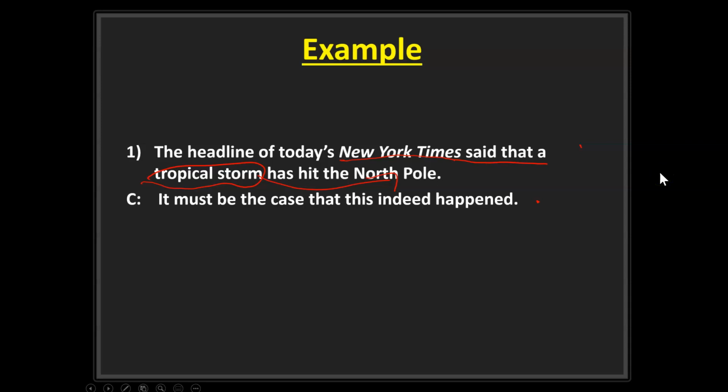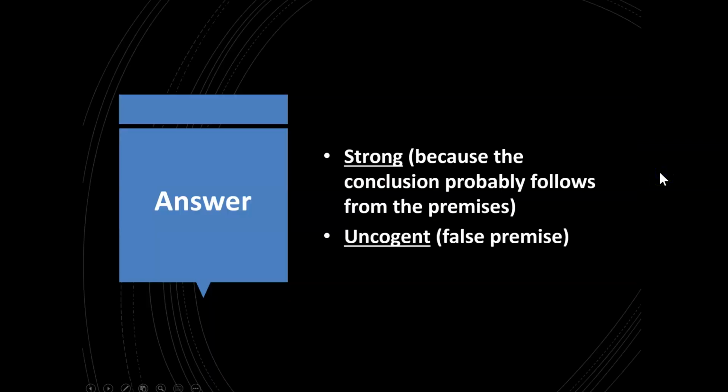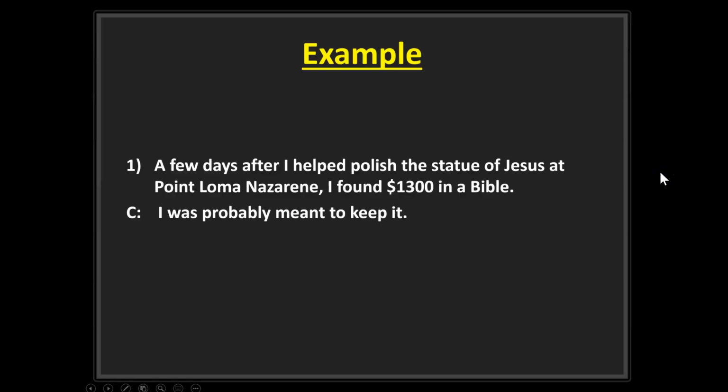This argument is uncogent. A few days after I helped polish the statue of Jesus at Point Loma Nazarene College, I found $1,300 in a Bible. Conclusion, I was probably meant to keep it. So go ahead. Pretend that that's true of me, for instance.